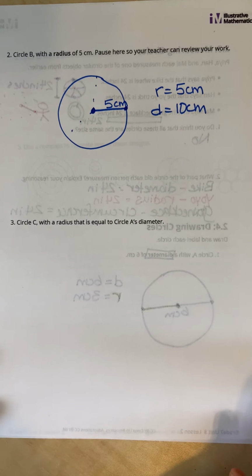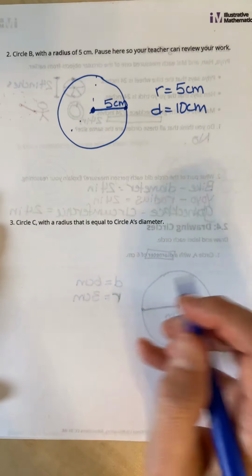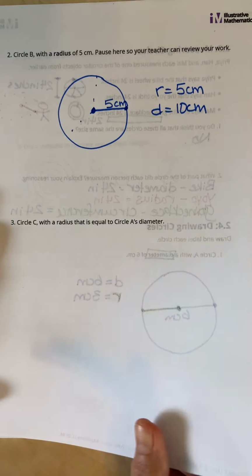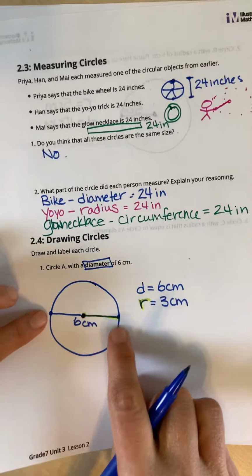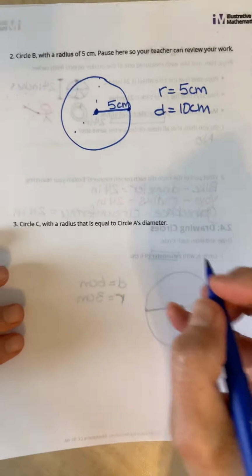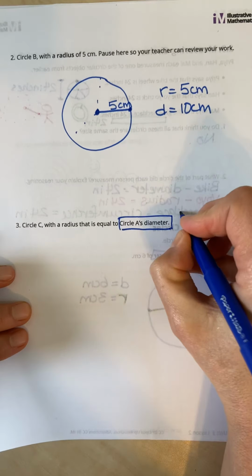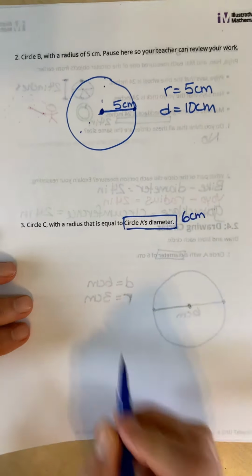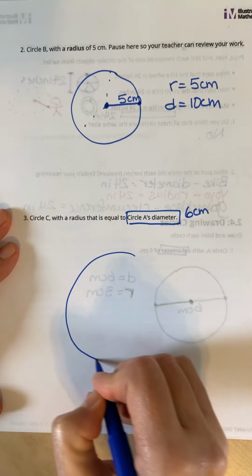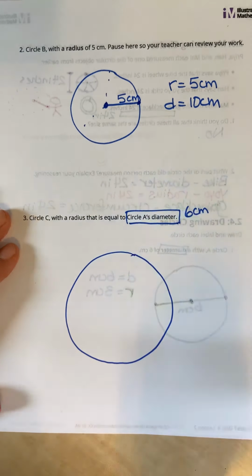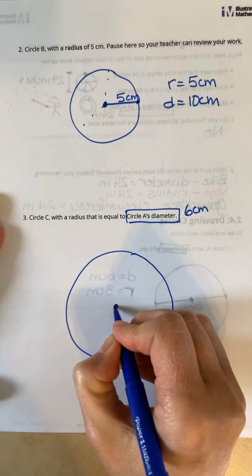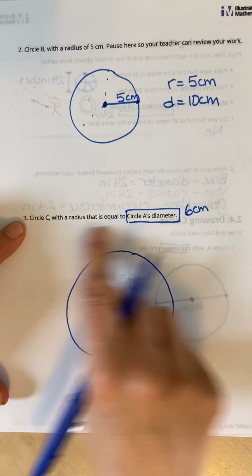All right, circle C with a radius that is equal to circle A's diameter. Okay, let's go back to circle A. The diameter for circle A was 6. So it said circle A's diameter was 6 centimeters. So I want circle C to have a radius that's the same.